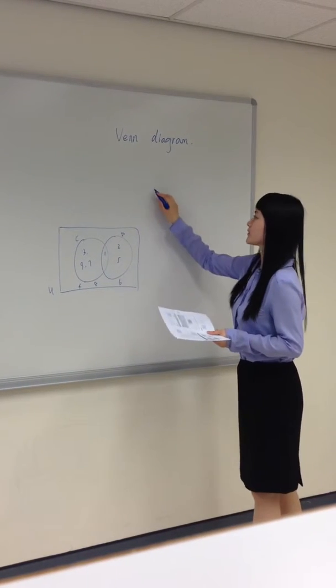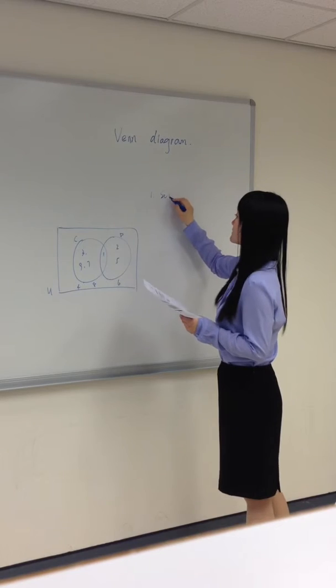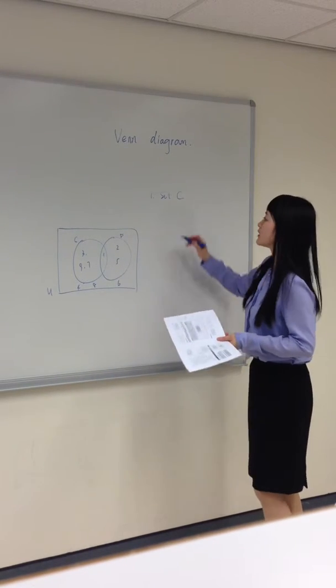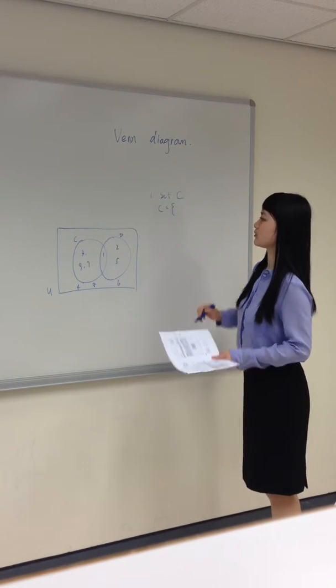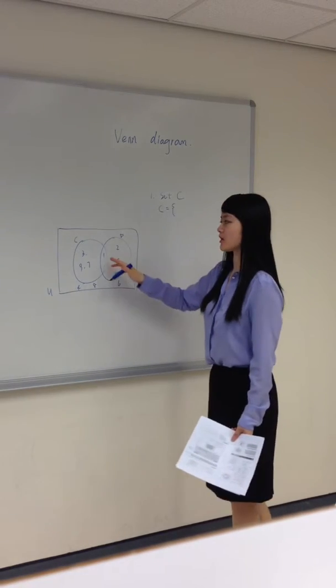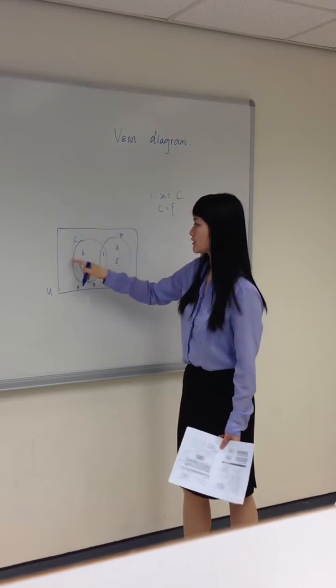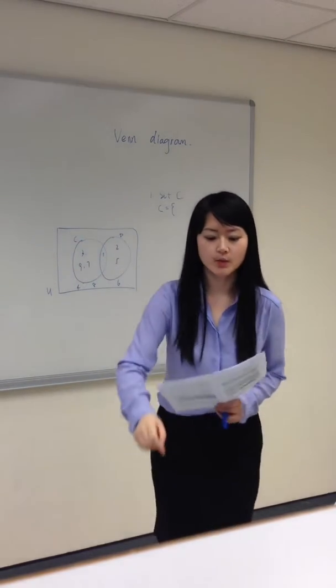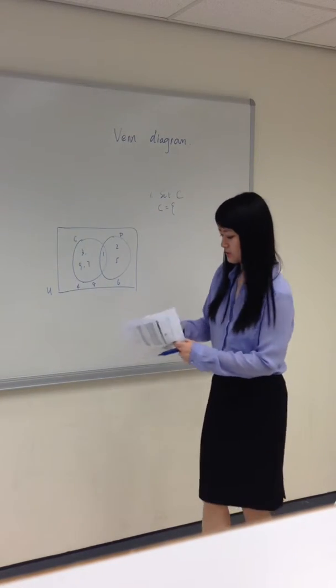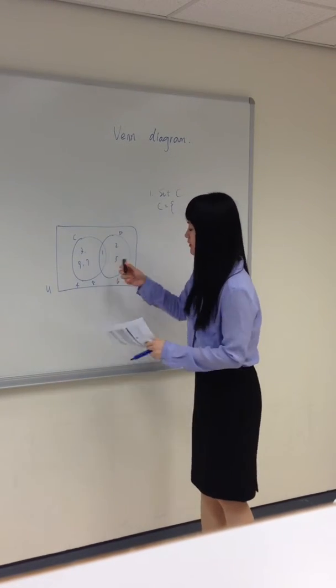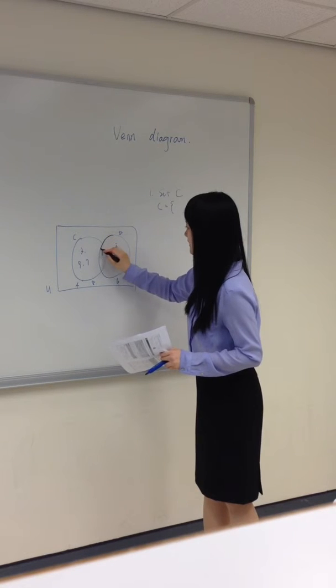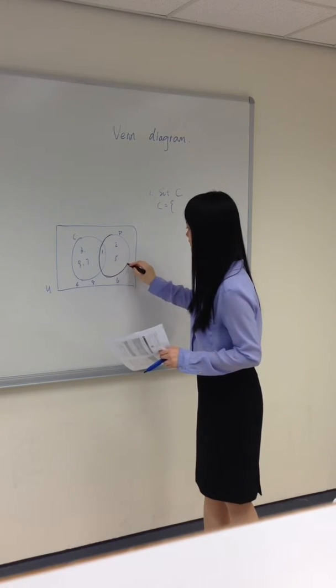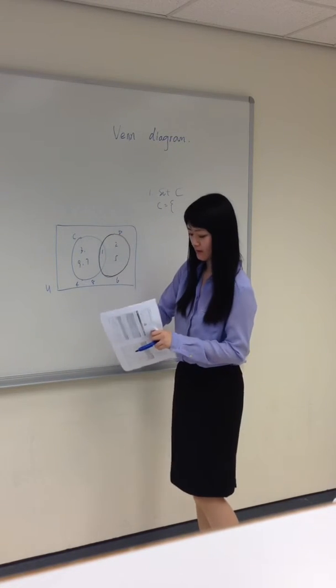Now, first thing we do is to list the set C. In order to list set C, we will just write all the elements that are in C, this circle. And we use the black to draw the set D. It will be clear.